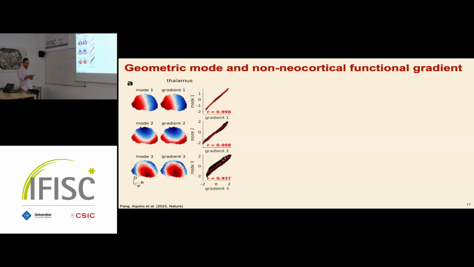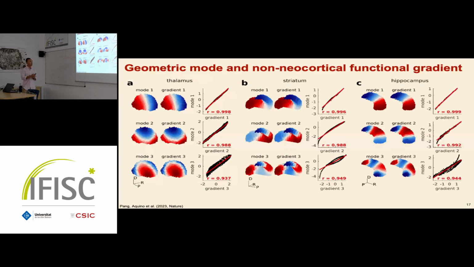This is the thalamus. We did the same in the striatum here, and we also did the same in the hippocampus. Again, the alignment is almost perfect, suggesting that maybe in the subcortex it is very local EDR connectivity again. But take note, these gradients are based on intrathalamic functional connectivity.